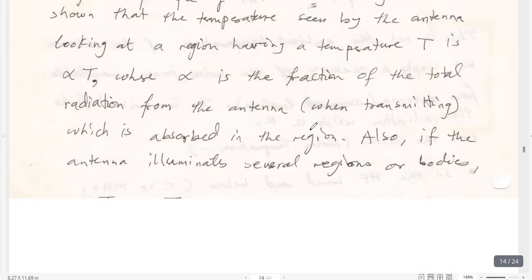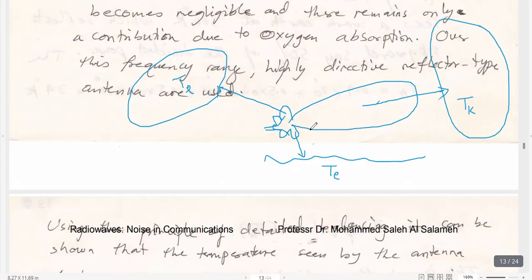this formula means that we know the total power radiated from the antenna, or now the portion, the percentage of the power in this direction divided by the total power, this is alpha k, and we multiply this by Tk.